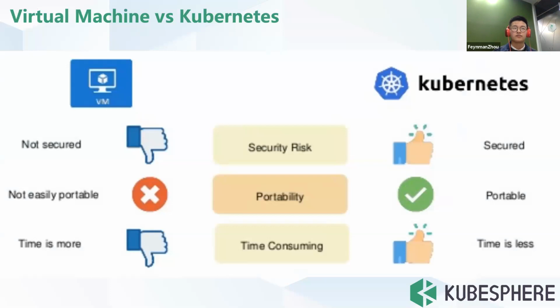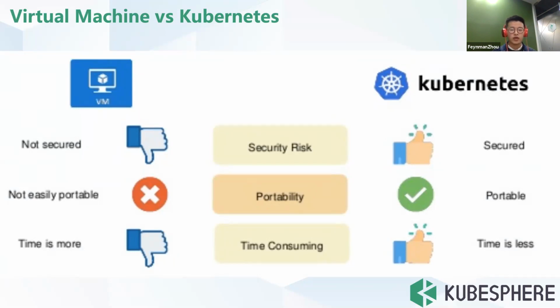This graph is stolen from the internet, and I think this matches very well with the comparison of virtual machines with Kubernetes. Before we migrated our applications to Kubernetes, the most popular way for running and deploying applications was the virtual machine.